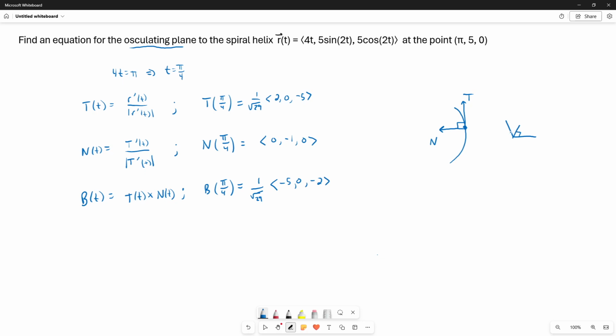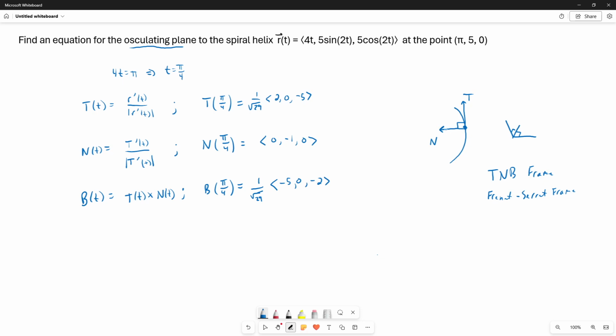So that's a right angle and that's a right angle, 3 dimensions here. And they make what's called a TNB frame or a Frenet frame or Frenet-Serret frame. And this tells you, the tangent vector tells you what direction the curve is headed.